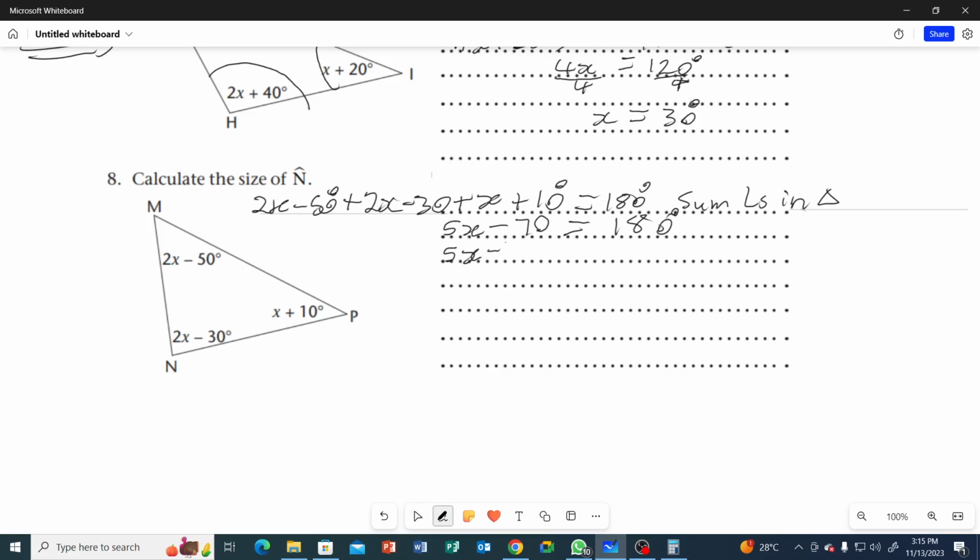So we have 5x minus 70 plus 70, because I want to get rid of that 70. On my right hand side, I'm also going to add 70. Now the two 70s will cancel each other.